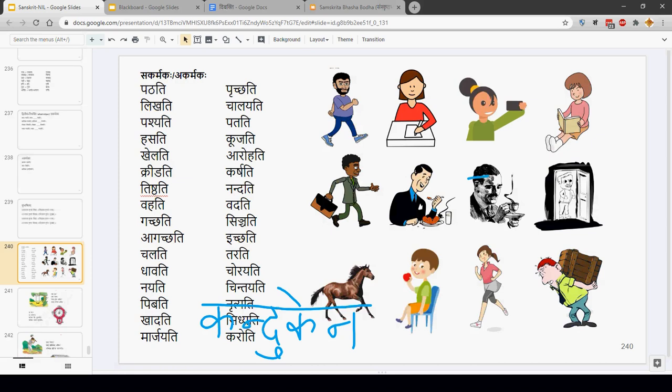Now we add 'with the ball'. Like hastena, 'with' gets the third vibhakti: kandukena. So balakah kandukena khelati. Simple sentence, right? It should not be too difficult to understand if you know these roles.